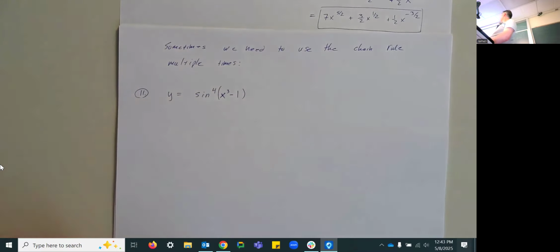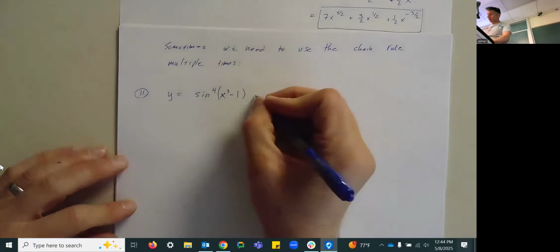This is an abbreviated notation, and I find that it can be kind of misleading as to which function we are going to differentiate first, or what our outermost function is. So when you have a trig function to a power, I would always recommend rewriting it in the longer notation.